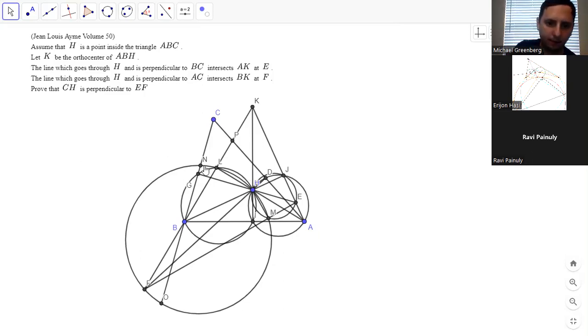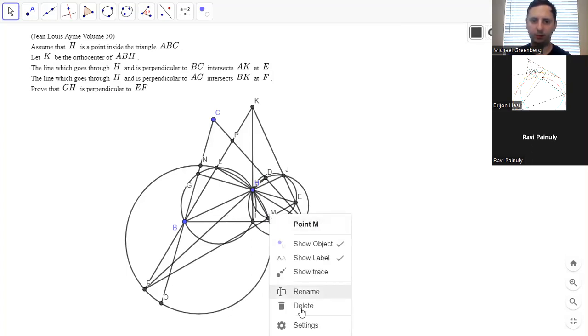Yeah, I feel like maybe it's making things more complicated by adding these points. Point M wasn't there in the beginning, so I don't know if this is really making things easier. Let me delete this point M. I feel like it's making things harder.